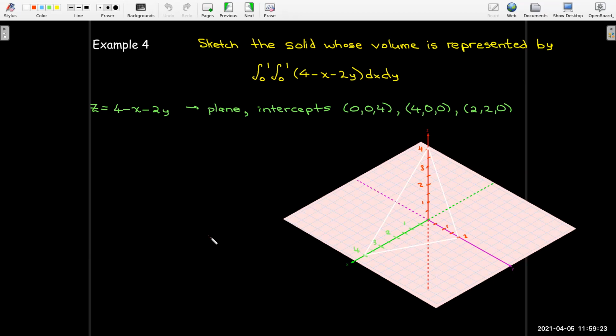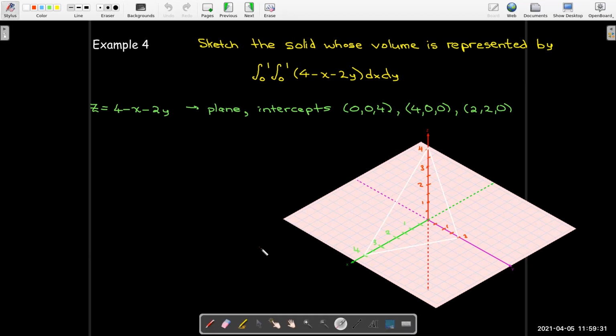And I see that I have a mistake there. So let's fix the intercept. We know that it should be 0, 2, 0 if it's an intercept on the y-axis.